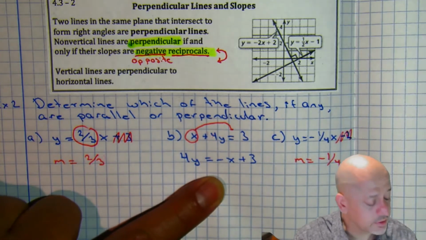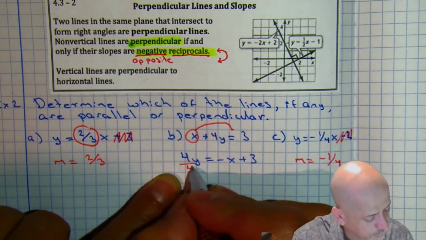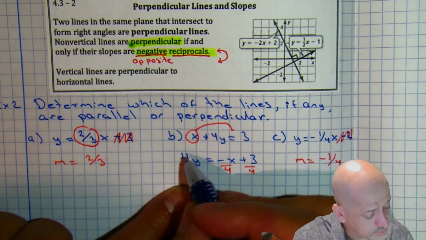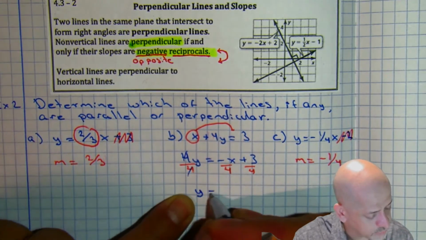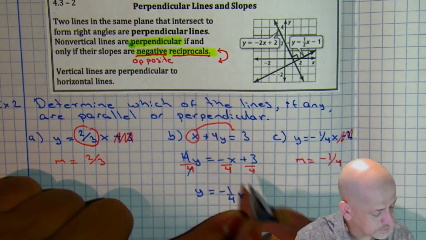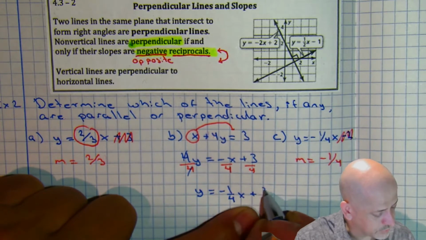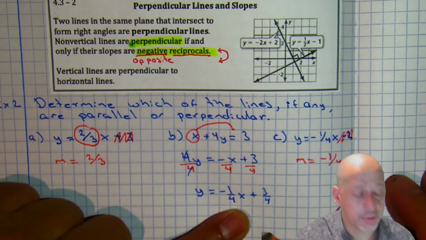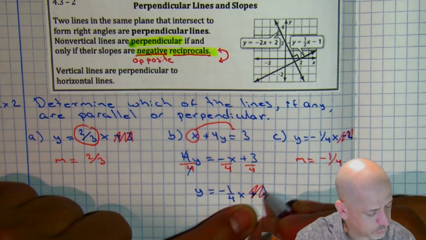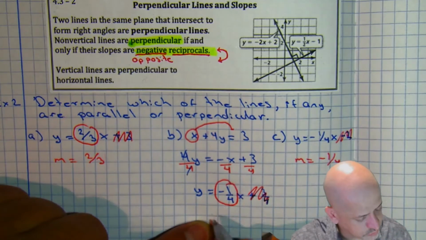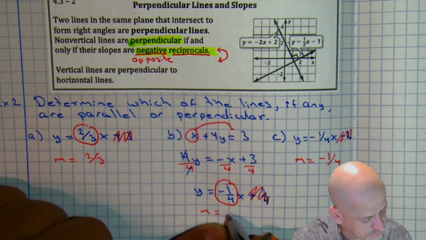In one last step, divide by 4. I'm going to divide by 4, divide by 4, divide by 4. My 4 cancels, so therefore I have y equals negative 1 over 4 x plus 3 over 4. Remember that whenever we're looking to see if they're parallel or perpendicular, this won't matter. The only thing that we're looking for is the slope. So therefore my slope is negative 1 over 4.